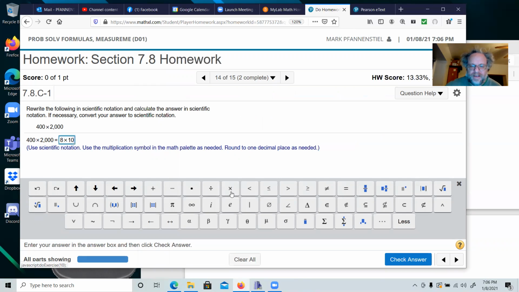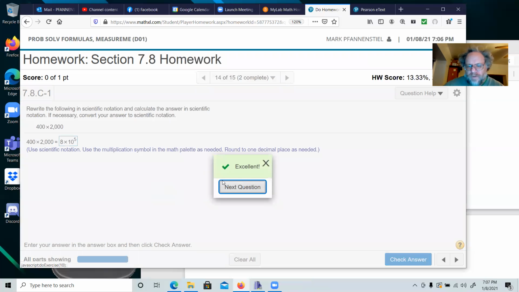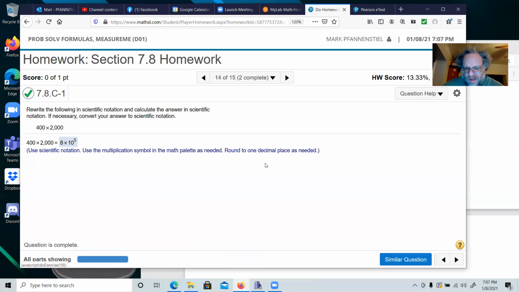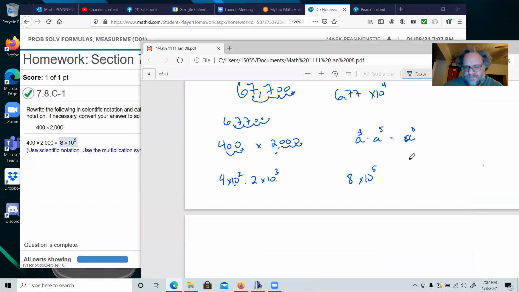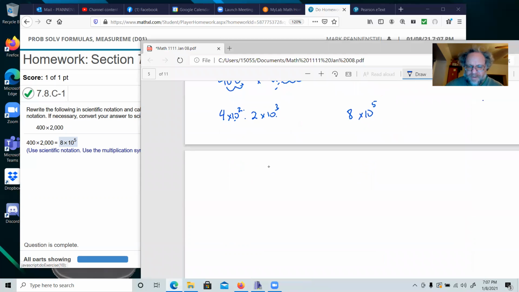I wonder if it lets me do this. Oh, it did. All right. When I was looking for my first job, right out of bachelor's degree, I applied at a lot of different temp places, and one of them, Manpower, I think, gave me a test. They said, can you use a spreadsheet? And I was like, absolutely. For every task, like putting in 8 times 10 to the fifth without using the keyboard, you got a point.